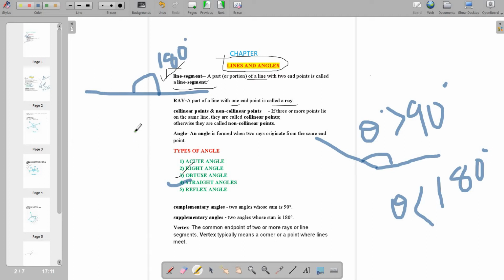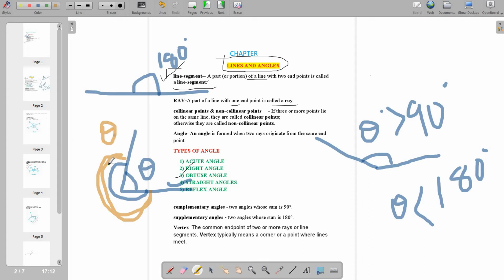What is a reflex angle? The red part is the reflex angle. Suppose we consider x.